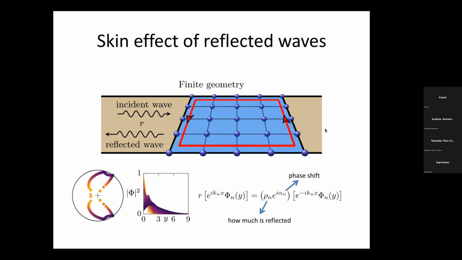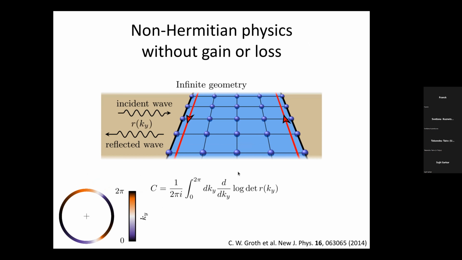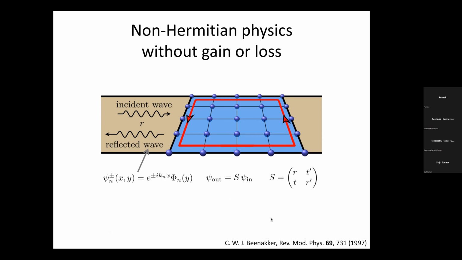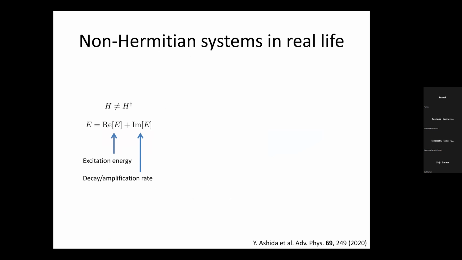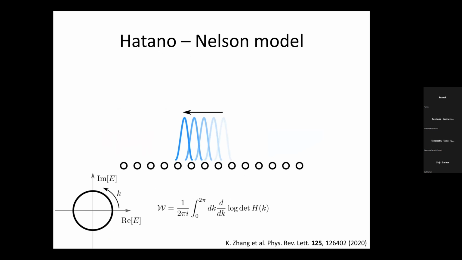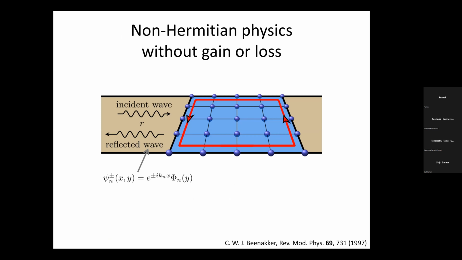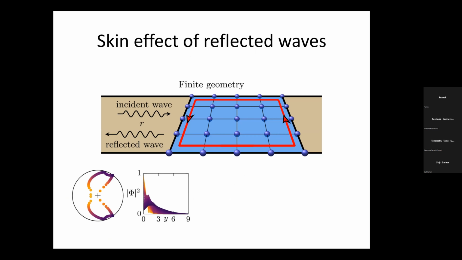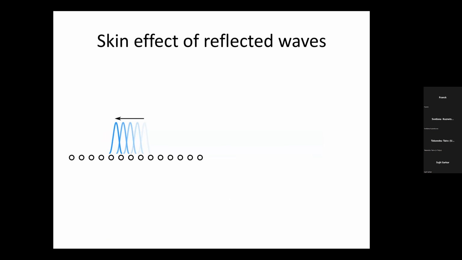Working with a square matrix is something that I enjoy more than working with a rectangular matrix. Also, this is a formula that we had worked on some years ago. When we saw the Hatano-Nelson topological invariant, we said to ourselves, wait, we remember this formula. So this is how we started the idea for this project. But in principle, I think yes, you could use also the transmission. Okay. Thank you.